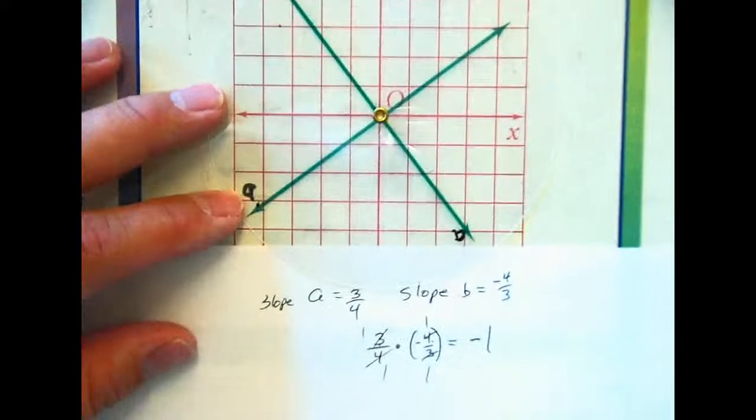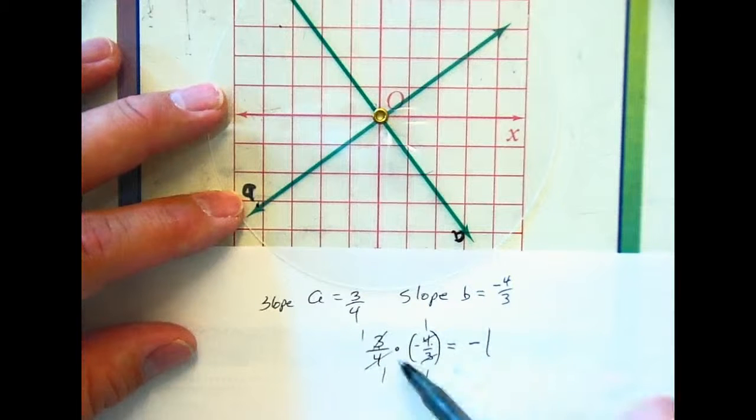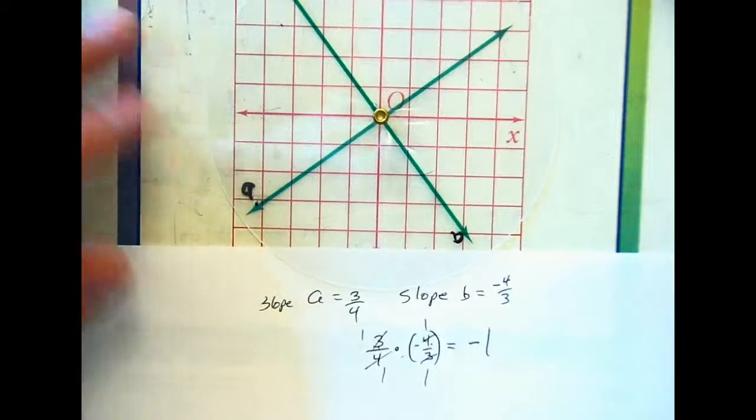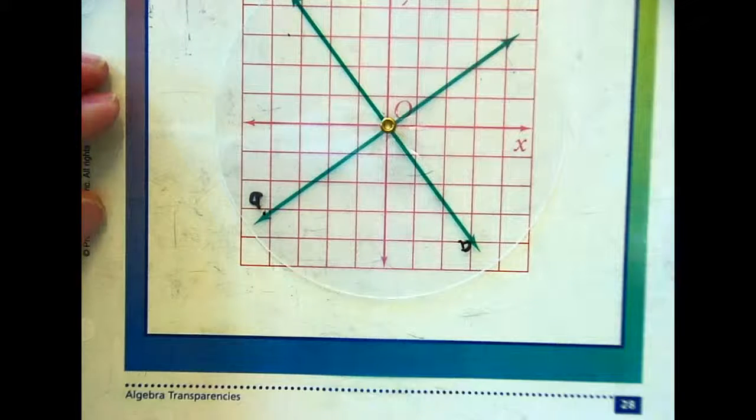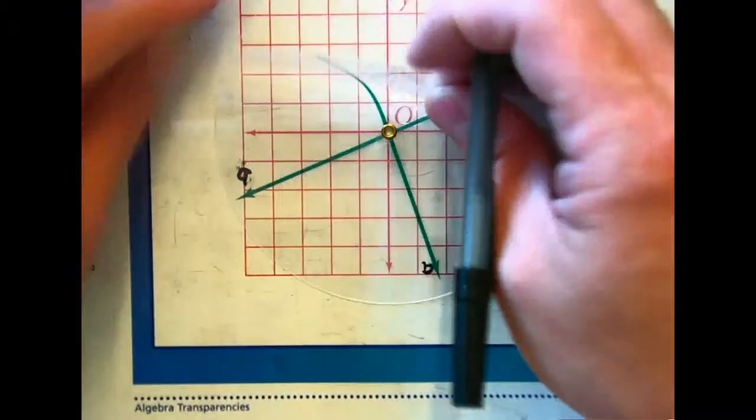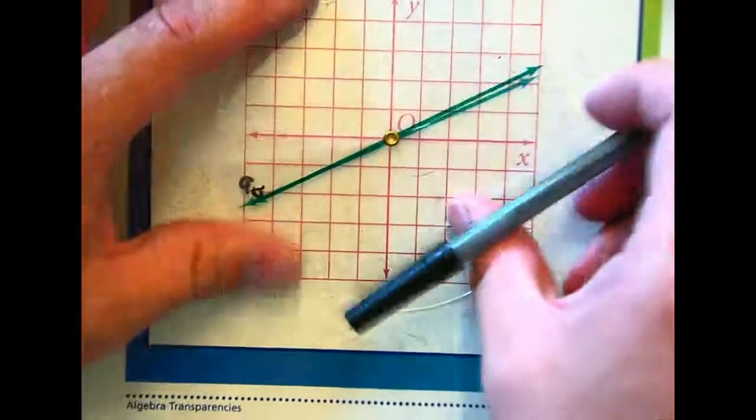Now, some of you just say they're inverse reciprocals, and that's fine. But to do your check, make sure that they equal -1 when you multiply them. What do you know about the slopes of parallel lines? They're the same. Parallel lines have the same slope.